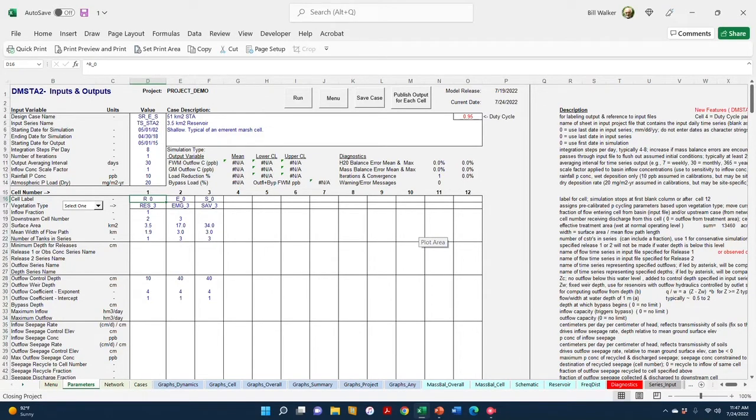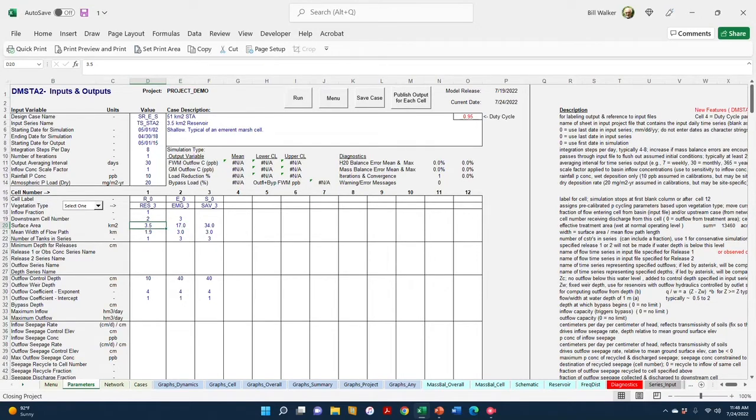So the shallow reservoir, you can see the parameters are the same as the emergent marsh, and since I'm only specifying 3.5 square kilometers in this case, it's not going to have much of an effect because that's small relative to what's already there.